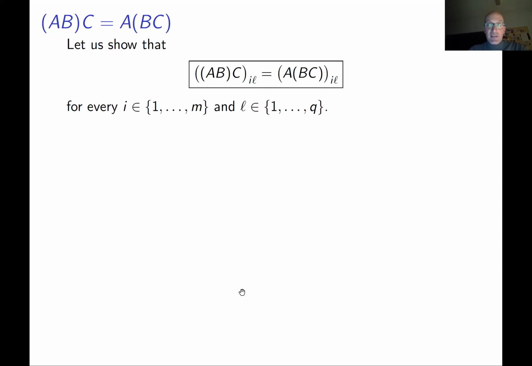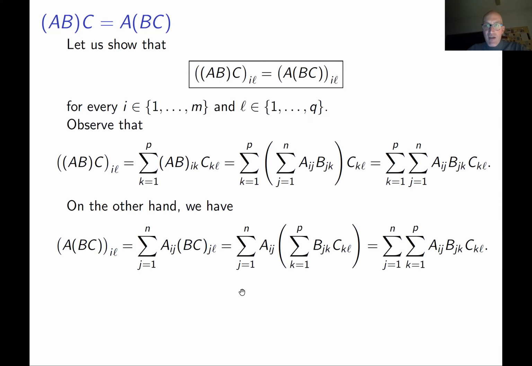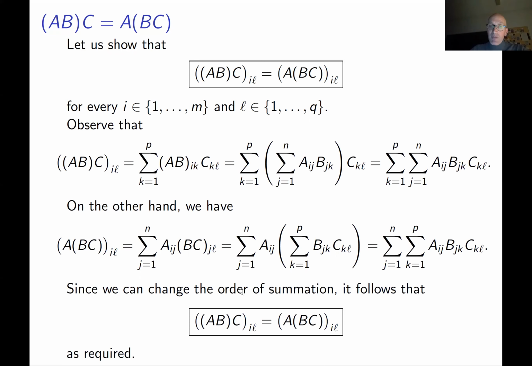Okay, this is done using these summation symbols here in these two lines. I know it looks ugly. Unfortunately, I couldn't make it simpler, but this basically computes the IL entry of each of these matrices. Yeah, and you have these terrible sums, but then you observe that we can change the order of summation.